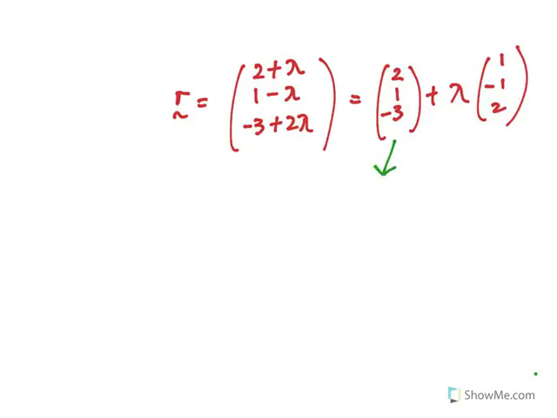Very quickly, this would be the position vector that lies on r. This would be the direction vector of r. And this will give us the vector equation of line 1 for BMQ 2a.